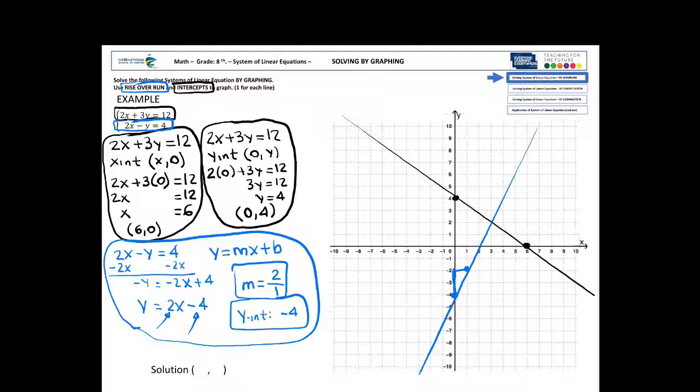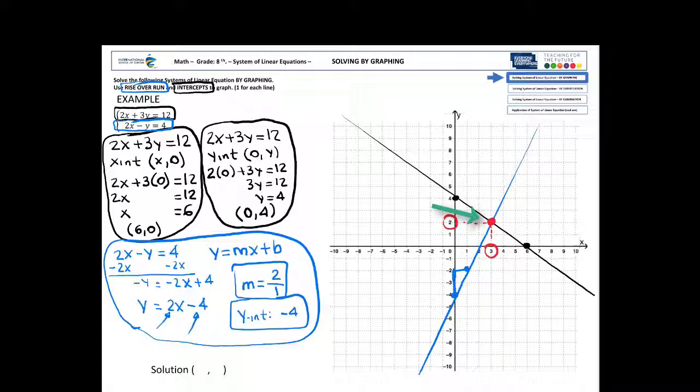As we can see, these 2 lines, the black line and blue line, they cross, they intersect over here. And the location of this point, this red point here, is x equals 3 and y equals 2.